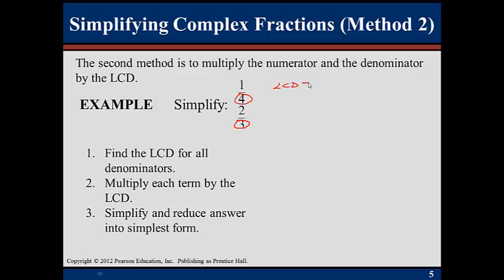So the LCD should be 12. So the smallest multiple that 4 shares with 3 is 12. So once you find your LCD, step 2 says multiply each term by the LCD. So up top, let me rewrite this. So we have 1/4 divided by 2/3.